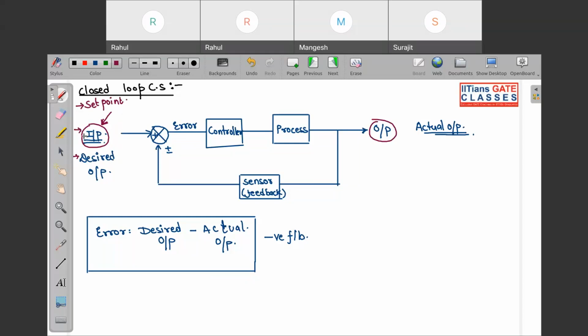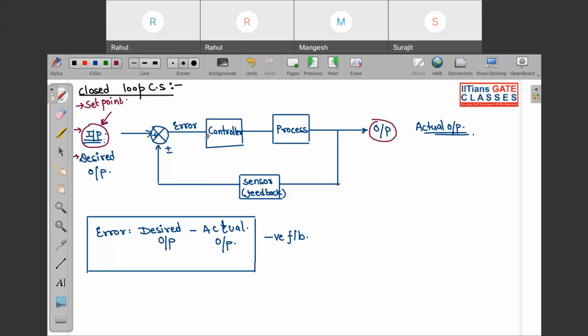So once you have set this, what will happen? Your controller will automatically bring the actual output near to the desired output.